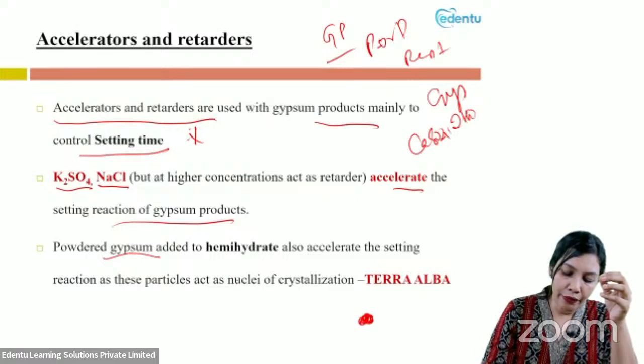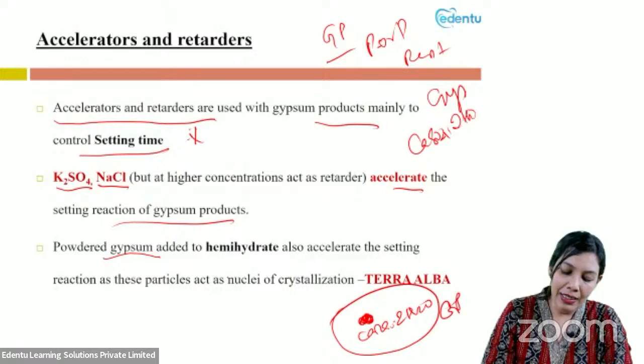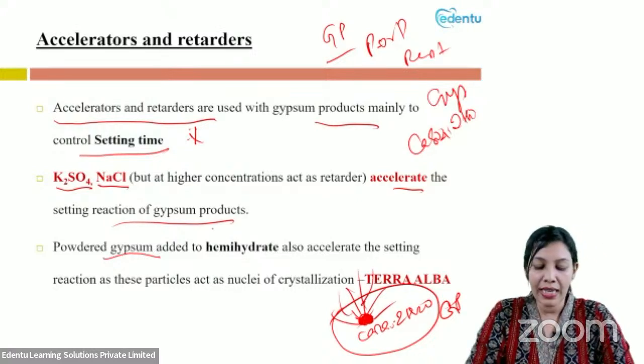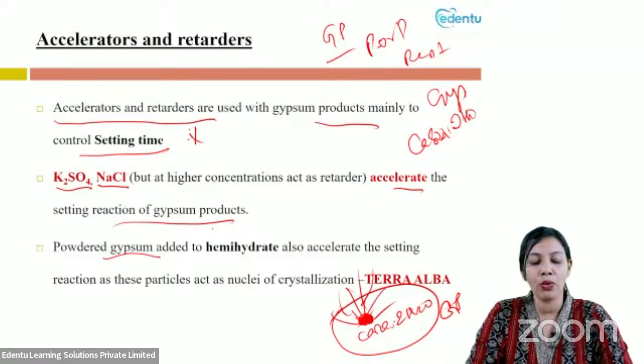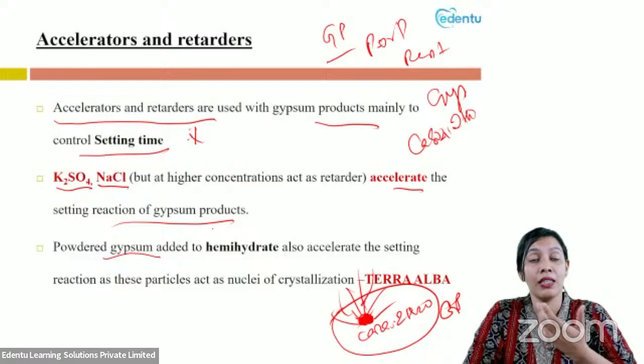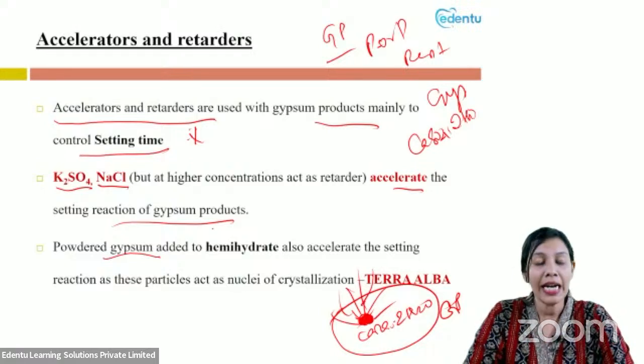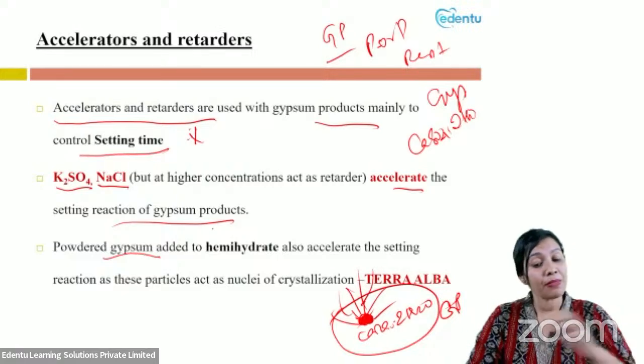Crystallization takes place on it, and there will be very fast setting. This is called terra alba. Terra alba is powdered gypsum. These are the various substances which accelerate the setting time.